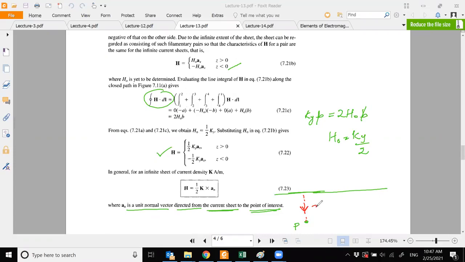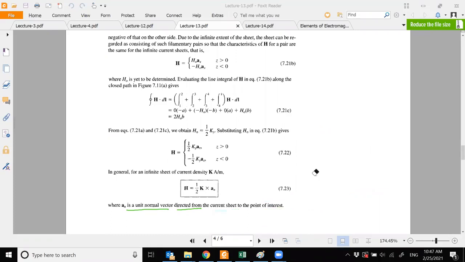This will be your a_N. So whatever we got, we are just putting it in a vector form.